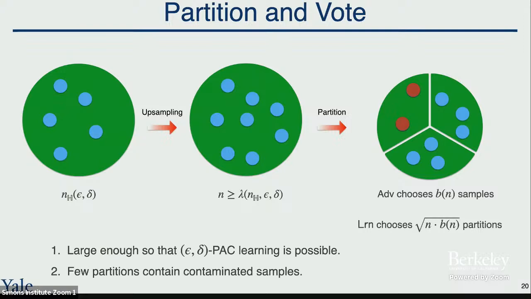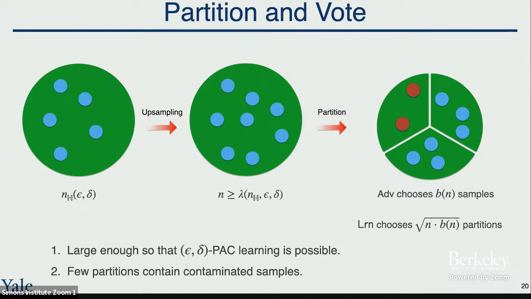So what happens is that, first of all, if there was no attack, and we look at learning only from the samples from each partition, the problem is learnable with the same parameters. That's the reason that we do this many partitions. The second is that we can show that there are not so many partitions that are contaminated.